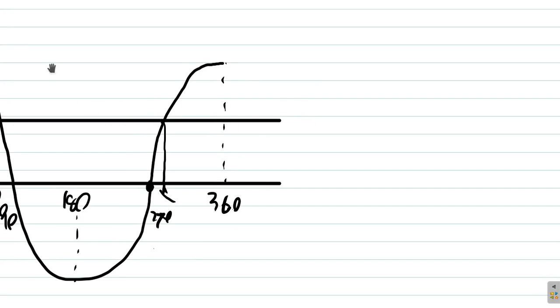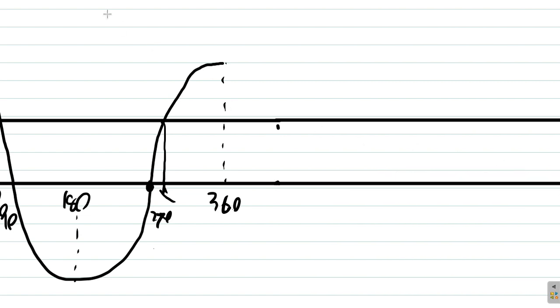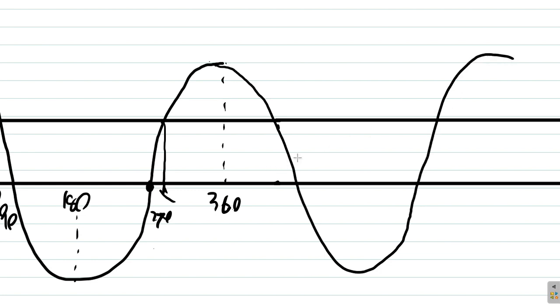You could repeat this cycle. You could continue drawing it on and on if you want. But you will find that the next angle at which it occurs is going to be 360 plus 90 minus 30.